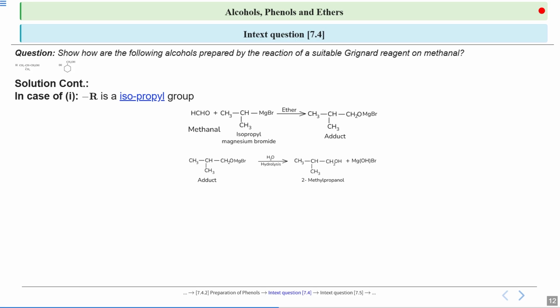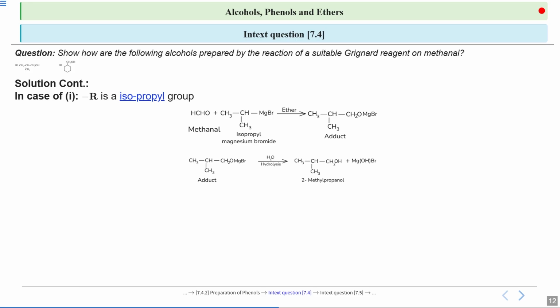So we are showing that when the methanol reacts with that suitable Grignard reagent, which is isopropyl magnesium bromide here in the case of the first part, in the presence of ether, you will get an adduct which is CH3, CH3, CH2OMgBr. Then the second step of the reaction involves the adduct hydrolysis.